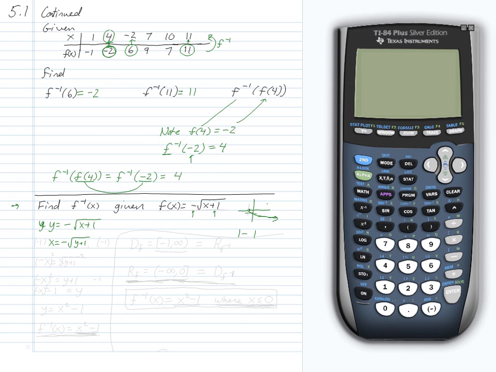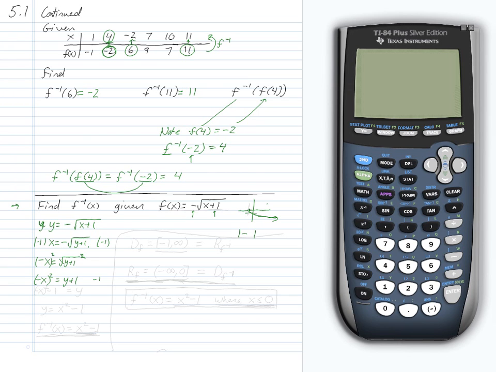Well, if I isolate the radical, I have a radical equation, that's what I'm trying to solve. So if I move the negative over to the other side by multiplying both sides by negative 1, negative x equals the square root of y plus 1. I can then square both sides, canceling the radical, and get negative x squared equals y plus 1.